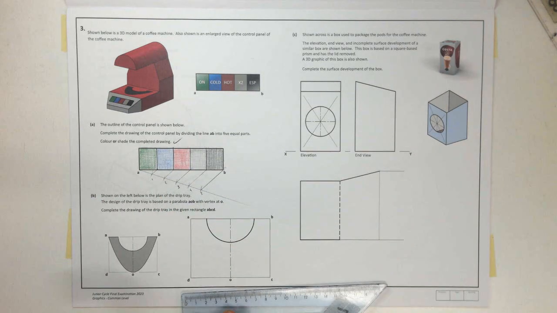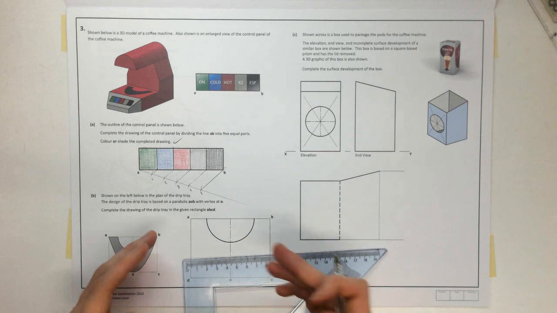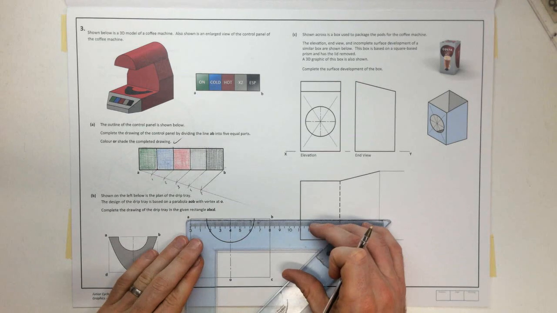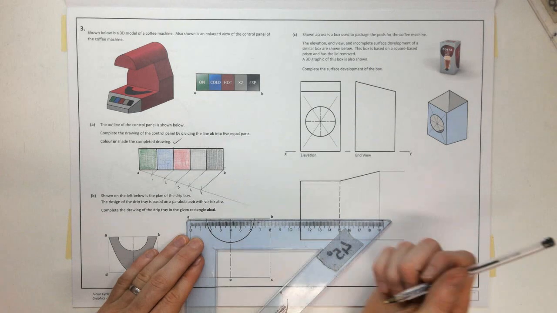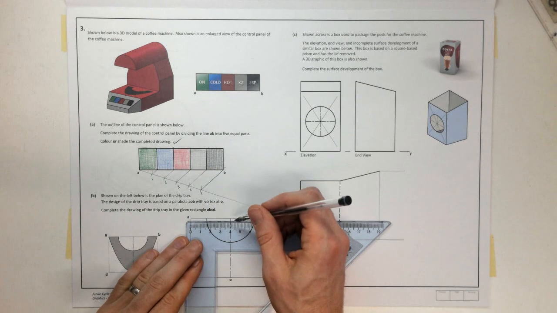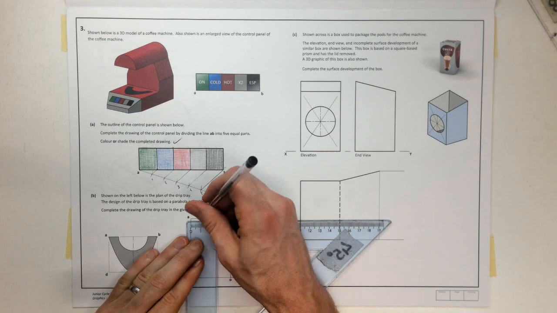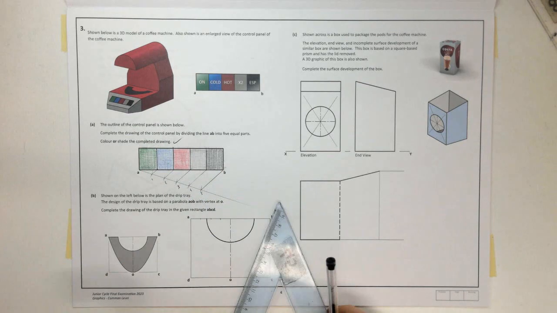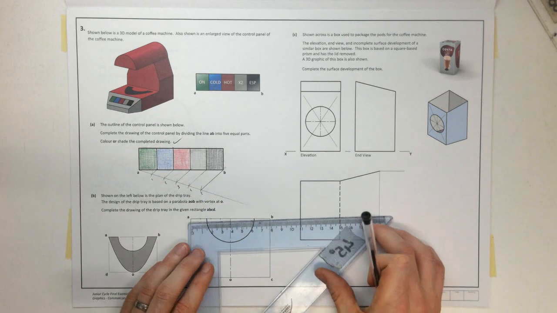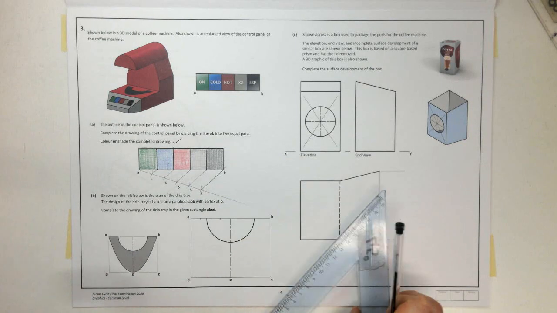So first off, I'm going to see, can I make life easy for myself, and are these measurements equal? So that's exactly 40 to the halfway mark. So I'm actually going to divide this up into 4 equal parts. 2, 3, 4. And then I can do the same on the opposite side, but I'll leave it for now.